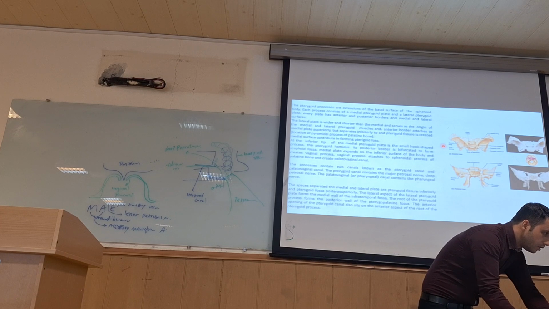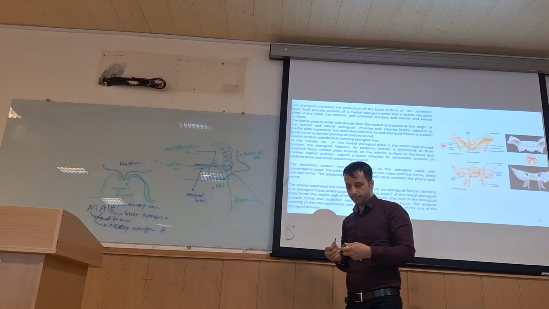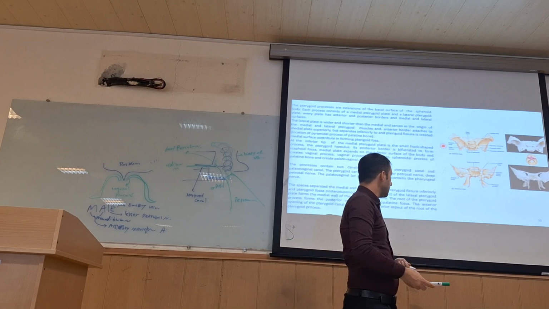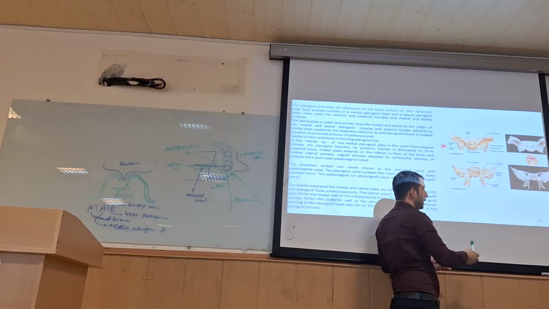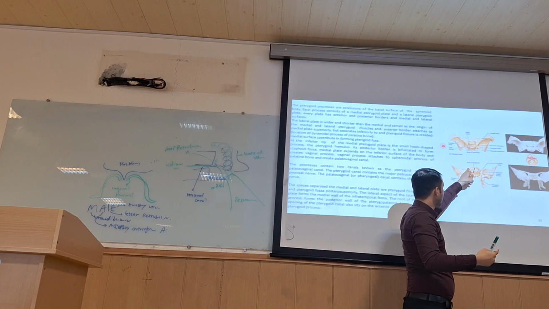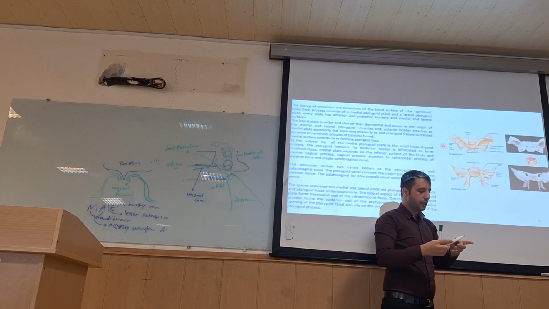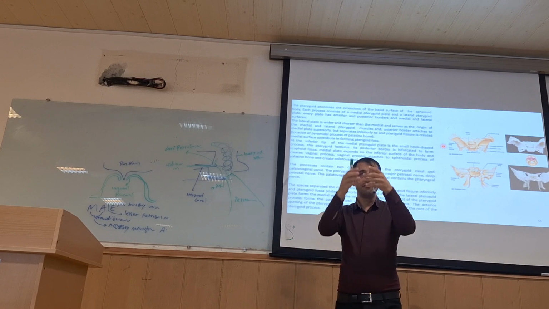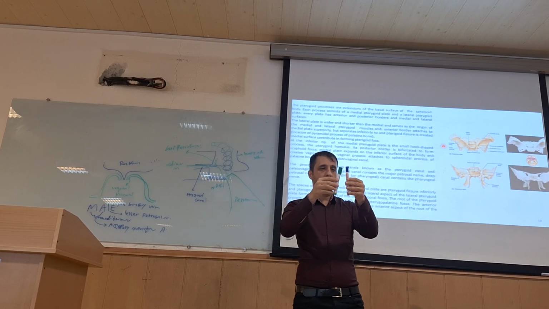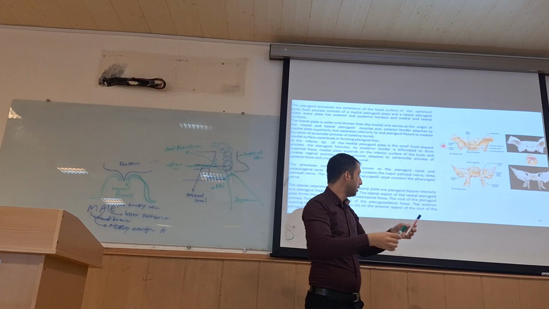Another part is pterygoid process. As we can see, the pterygoid process on both sides is attached to the lateral surface of the body and travels inferiorly. When the pterygoid process travels inferiorly, from the inferior part, they separate and make two plates.